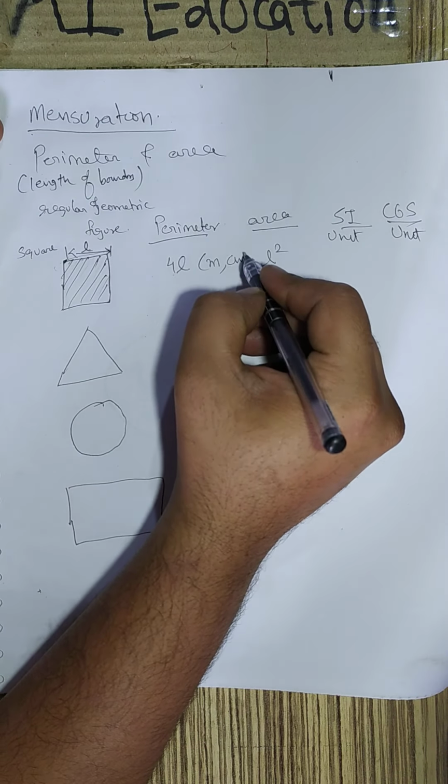Next, for a triangle, let us say this side is L, this side is base, and this is the height of the triangle given as H. So if base and height are known, we can calculate all the sides of a triangle. Let us say this is also a side L. So perimeter here will be 2L plus B, sum of these sides.